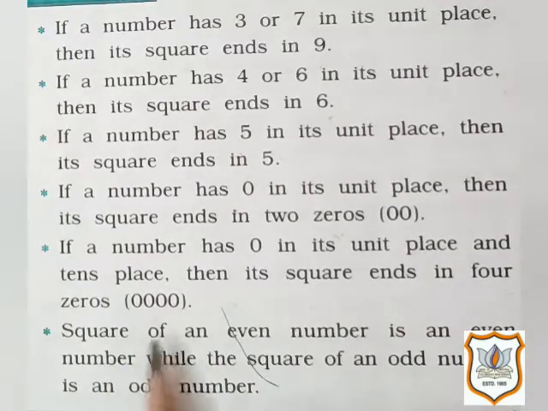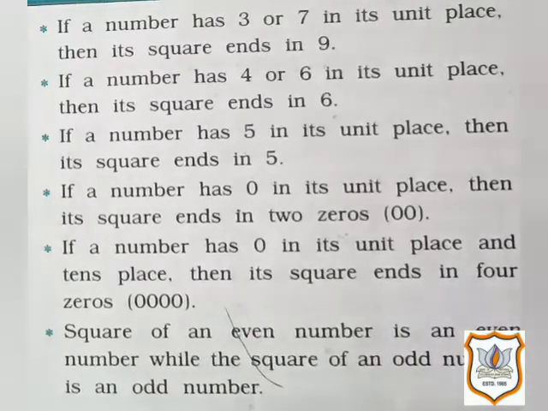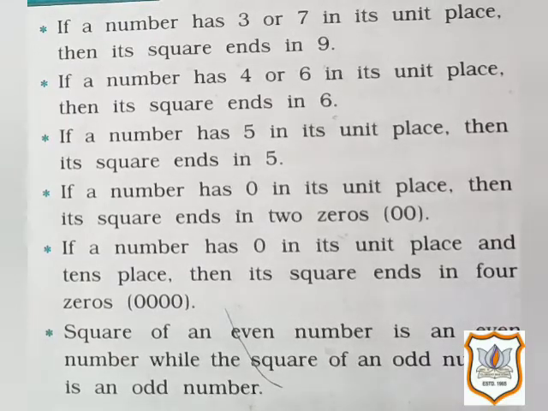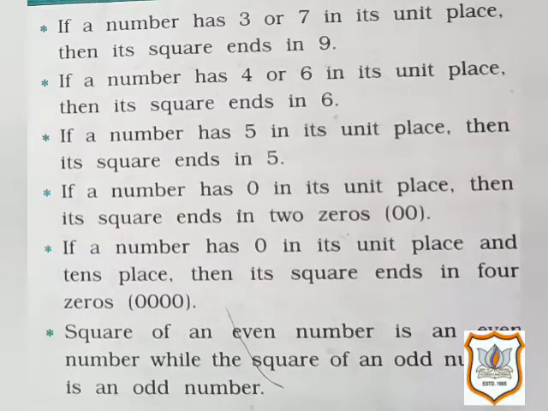Next, the square of an even number is an even number, while the square of an odd number is an odd number. So students, 2 is an even number and the square of 2 is 4. Same, 4 is an even number and the square of 4 is 16, and 16 is also an even number.